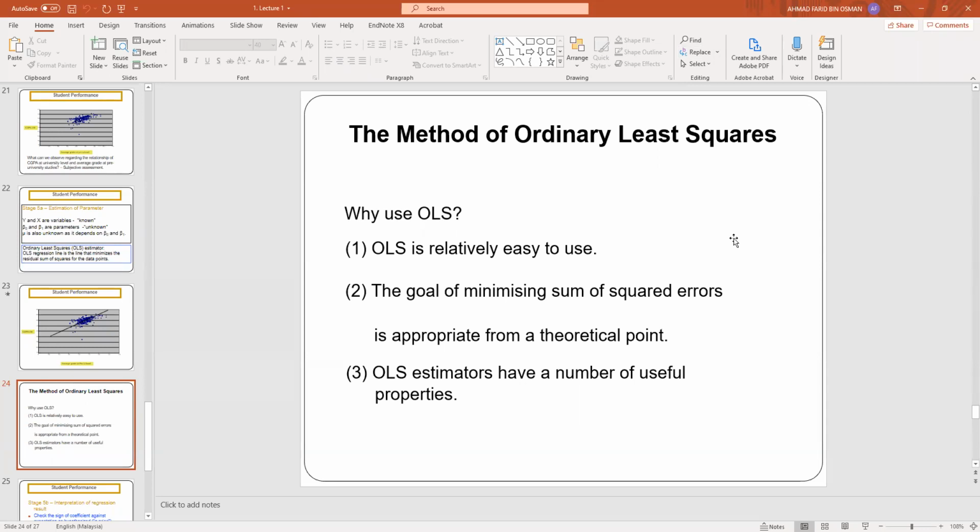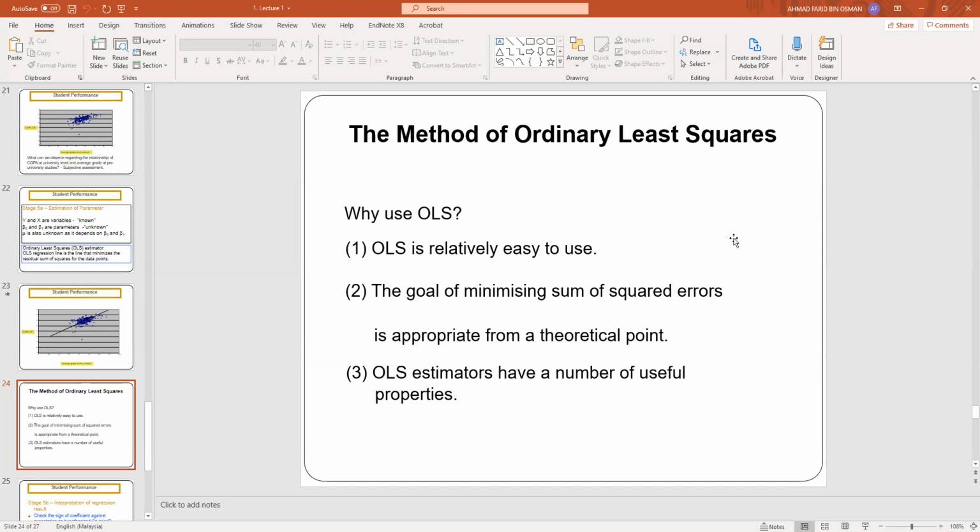So, as I just explained, we minimize the sum of squared errors, not the sum of errors, because it's possible that positive errors will cancel out negative errors. But another thing that I haven't mentioned is that we want to minimize the error because we would like our prediction to be as accurate as possible.